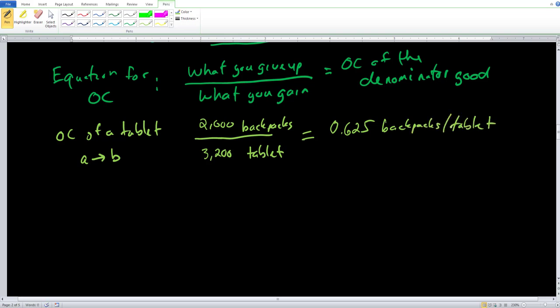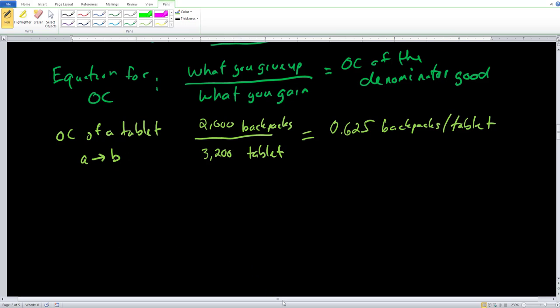So this is essentially the opportunity cost of us producing one additional tablet. We have to give up on the production of 0.625 backpacks. And this is exactly the interpretation of the opportunity cost. We're normalizing the tablet down to what? In order for us to produce one additional tablet, we give up on the production of 0.625 backpacks as we go from point A to point B.